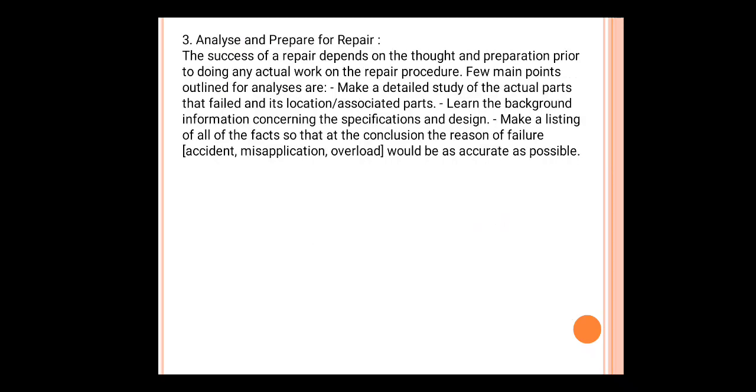Third, analyze and prepare for the repair. The success of a repair depends on the thought and preparation prior to doing any actual work on the repair procedure.